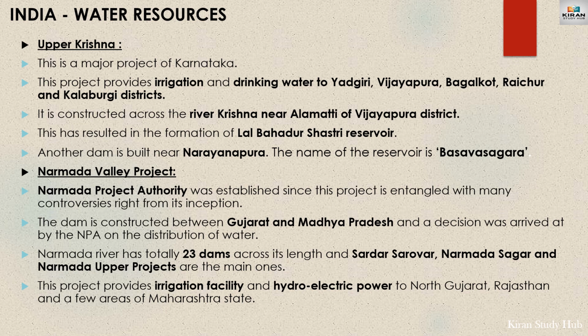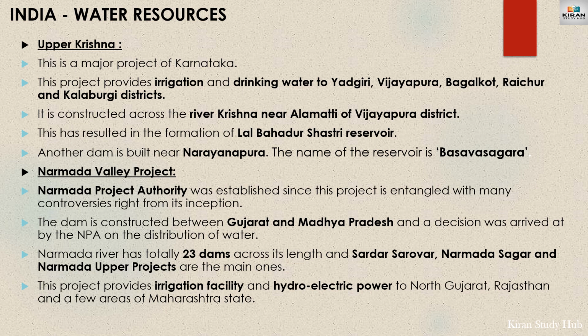This dam is constructed between Gujarat and Madhya Pradesh. Since the inception of this project, there were many controversies around it. To resolve these controversies, the Narmada Project Authority was established. Finally, after various studies, the Narmada Project Authority arrived at a decision over the distribution of water.